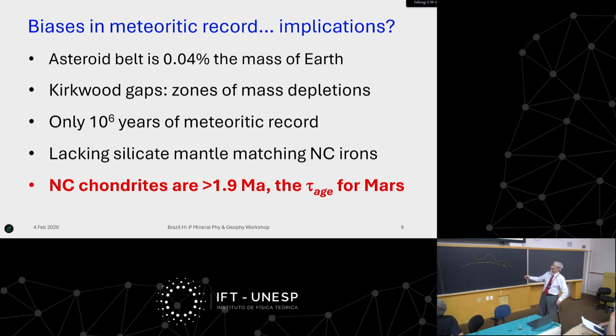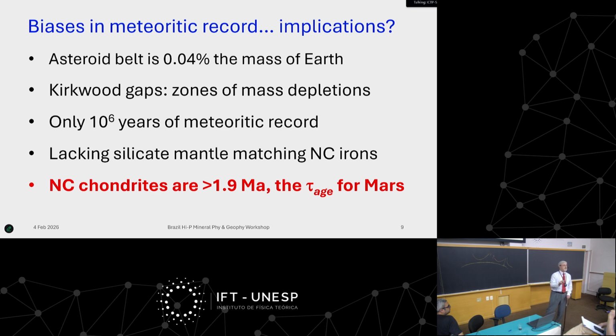And here's the two other ones that are a problem. Lacking silicate mantles, matching no NC ions. So we now have, and I'll touch on this ever so briefly, NC and CC. NC, just the inner solar system, CC, the outer solar system. The inner solar system, asteroid belt to the sun, outer solar system, beyond the asteroid belt, okay?